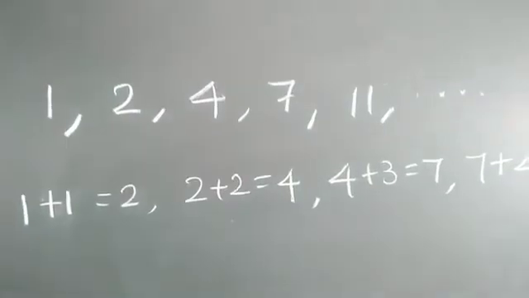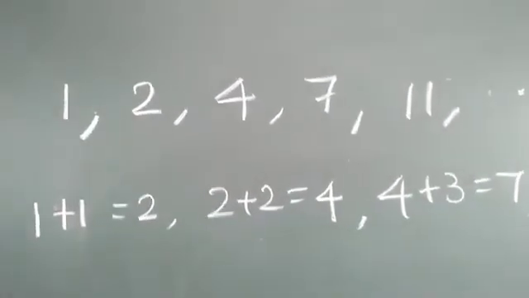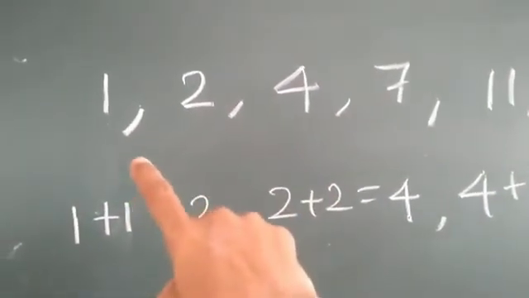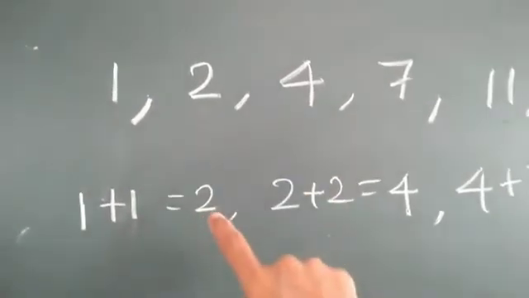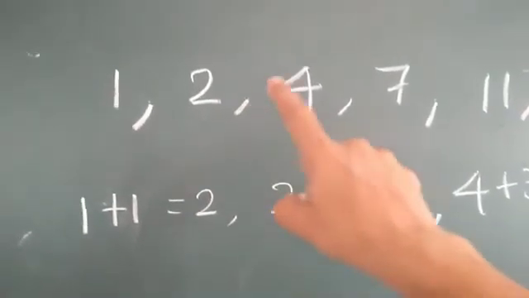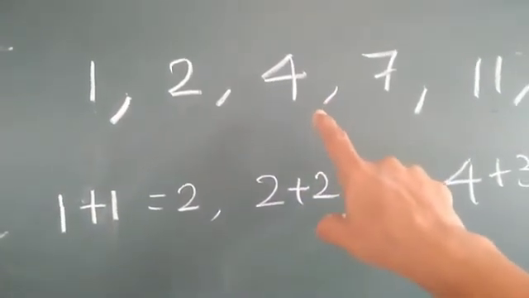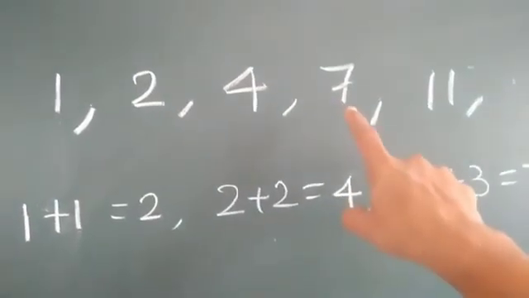How will you get this pattern 1, 2, 4, 7, 11, etc.? It is very clear. Here to the first number we added 1, then we will get 2. Then to the next number 2, we add 2, 2 plus 2, 4. 3 is added to 4, that means 4 plus 3, 7.